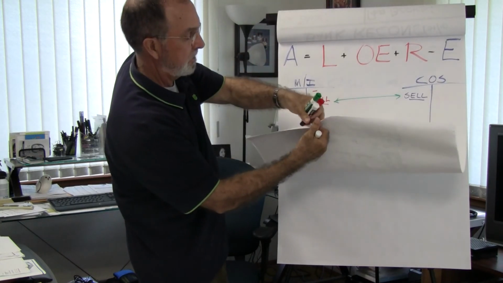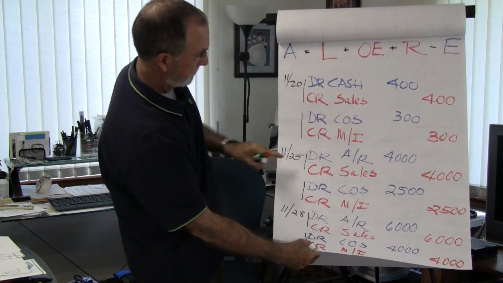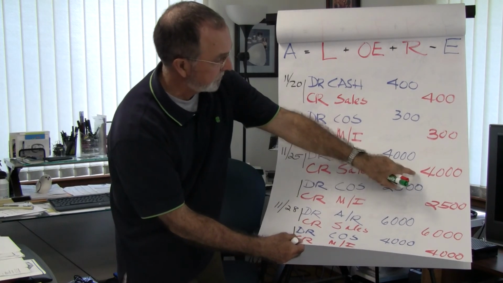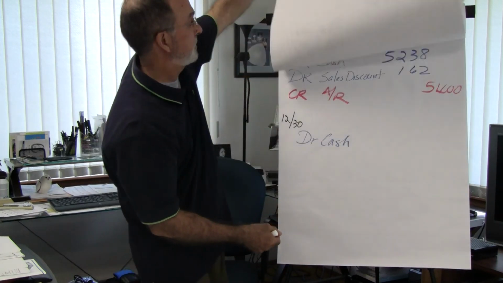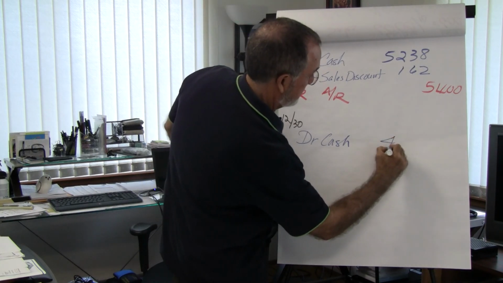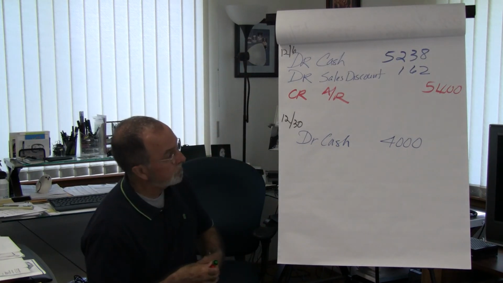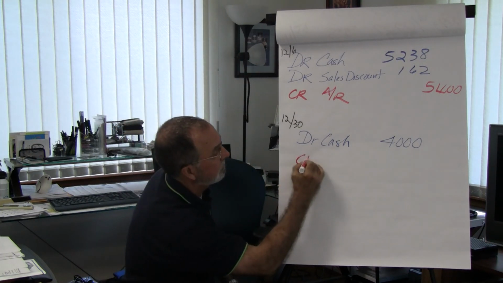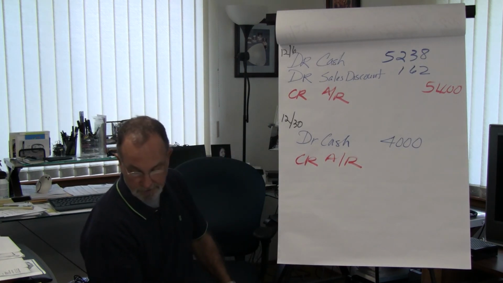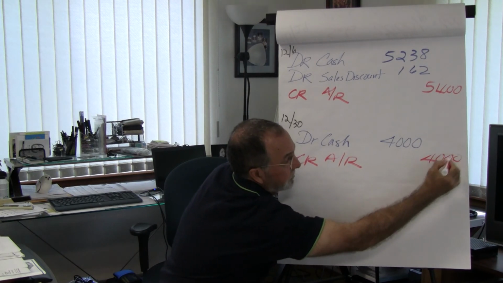Let's go back once more to that transaction. We can see on the 25th, our debit to accounts receivable for the sale was $4,000. So we are going to collect $4,000, debit cash for that amount and credit accounts receivable for Vasco Athletics in the amount of $4,000.